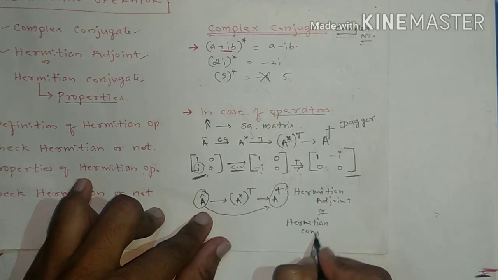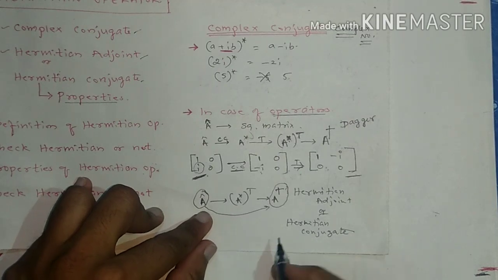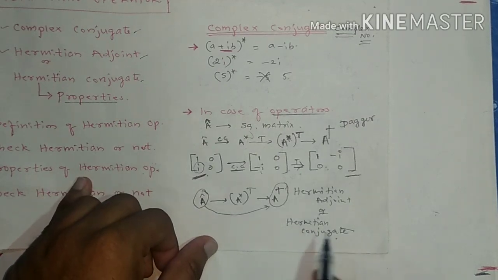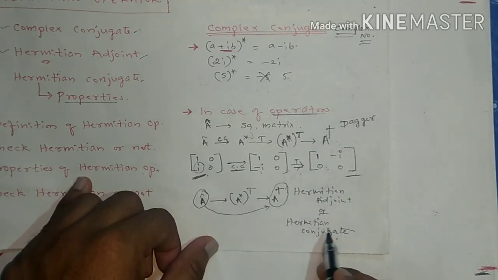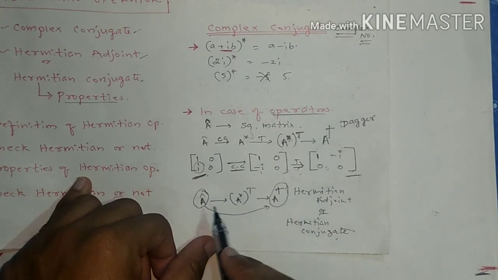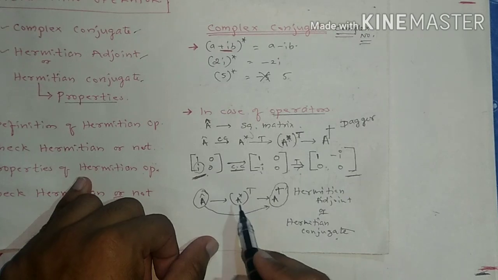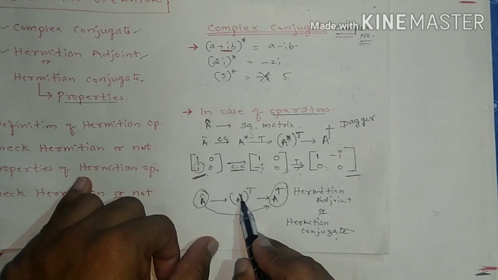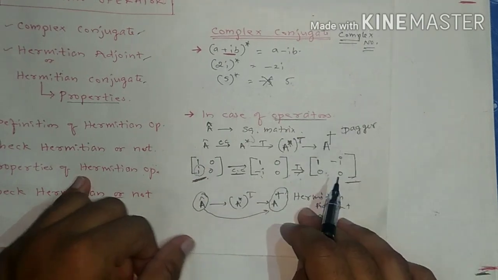What do we mean by the Hermitian conjugate of an operator? The Hermitian adjoint or Hermitian conjugate of an operator is again an operator which is obtained by doing two operations. One is the complex conjugate and another one is the transpose.